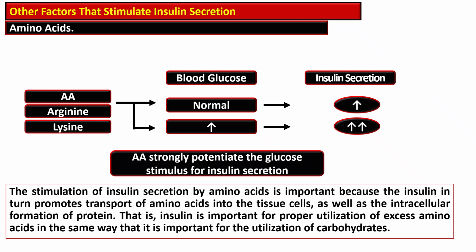This mechanism helps the body properly utilize excess amino acid, just as insulin aids in carbohydrate storage and use. So amino acid and glucose work synergistically to stimulate insulin secretion, ensuring balanced nutrient storage, both the carbohydrates and protein.